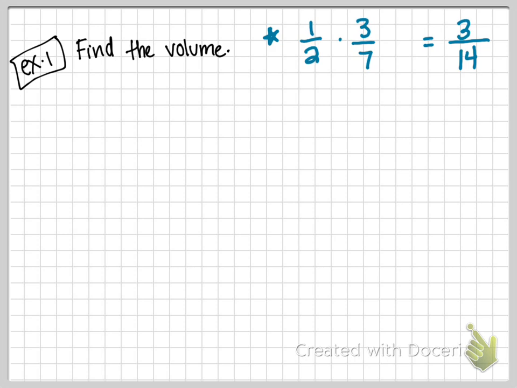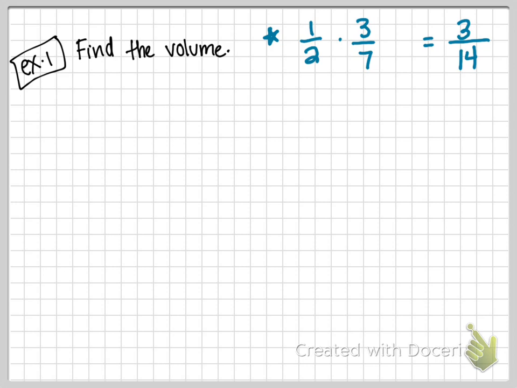Do not give it to me or do not give it to Big Ideas as a decimal. It will be wrong. Well, this is going to be a long decimal. It does not want that. Okay? If it's a simple decimal, perhaps. But please just do the multiplication of the fractions.